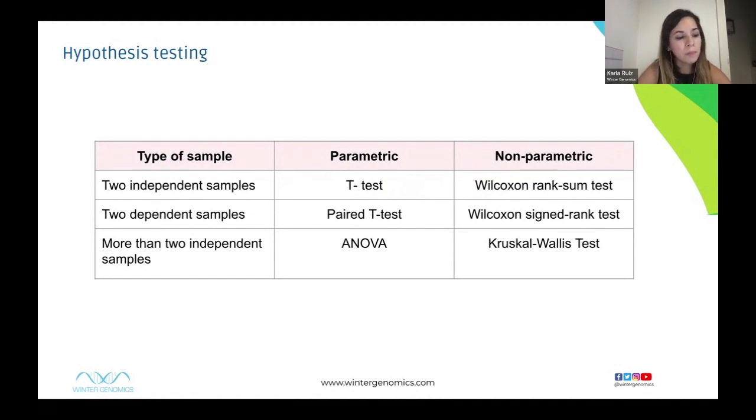When you are comparing more than two groups, one of the most common tests would be the ANOVA, or one-way analysis of variance, whereas its non-parametric equivalent would be the Kruskal-Wallis test, if appropriate. It will depend on whether the variables are normally distributed or not.